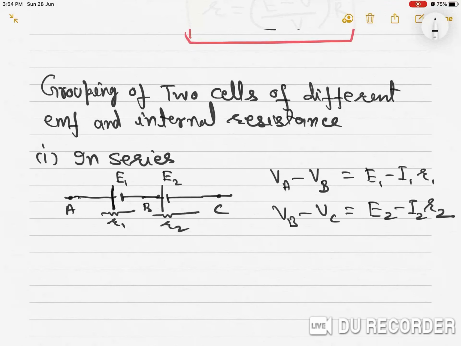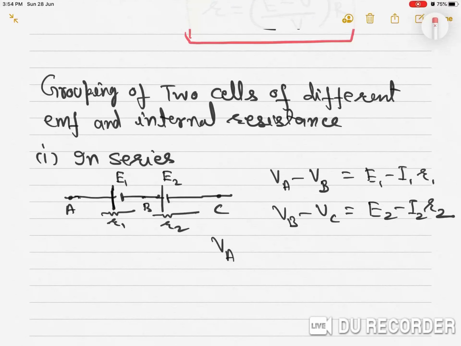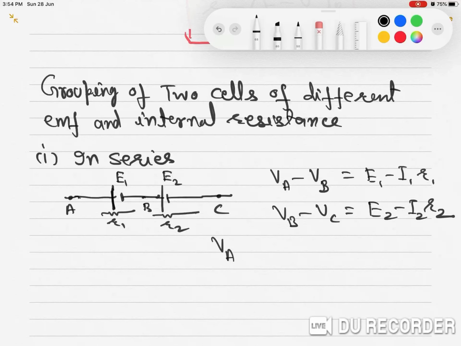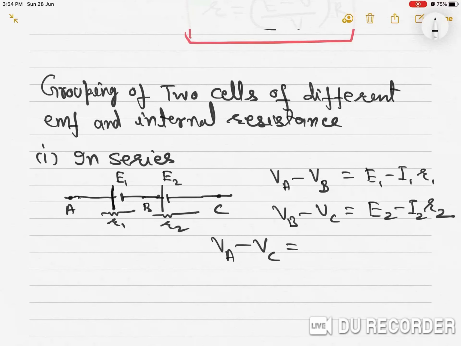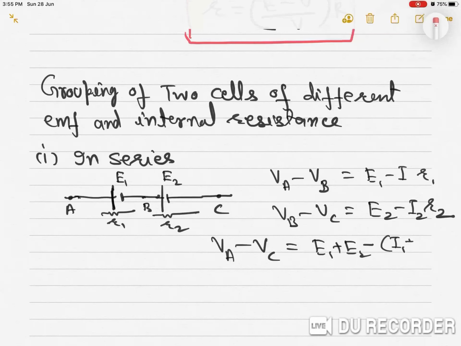So, if we add these two equations, we will get VA minus VC is equal to E1 plus E2 minus I1 plus I2, because current is same.